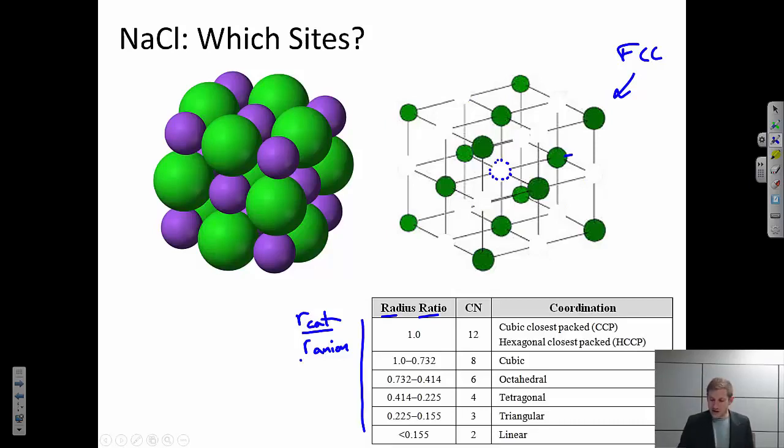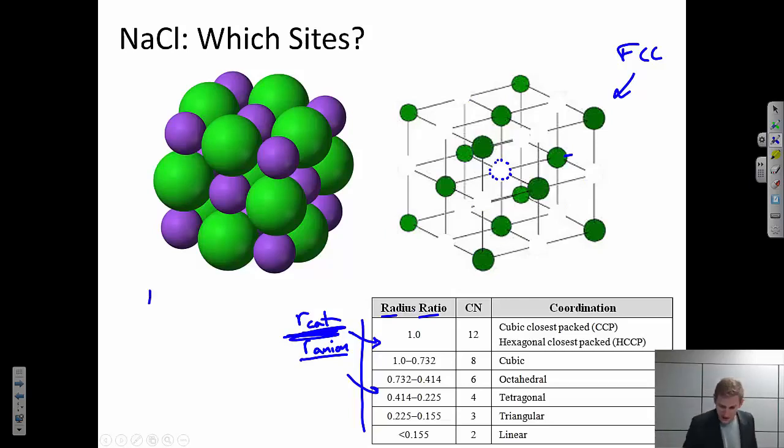And so if I look at the cation to anion ratio, I can basically look at a table and say what kind of a site those cations will like to occupy.